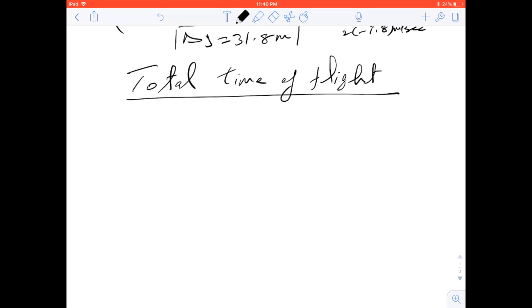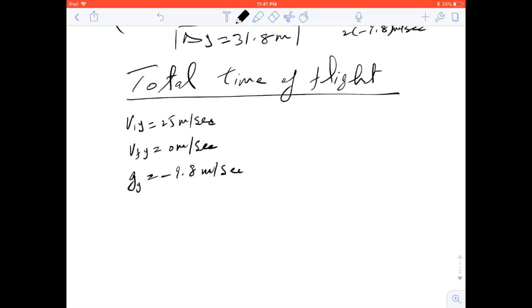So we have the initial velocity of the y component, which is equal to 25 meters per second. The final velocity of the y component is 0 meters per second. Acceleration due to gravity is negative 9.8 meters per second squared, again negative because it is directed towards the center of the earth.